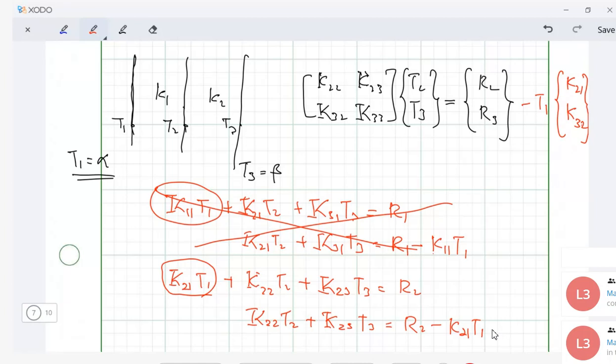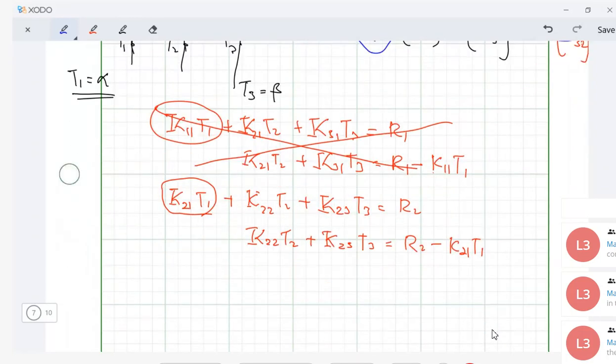Now if we consider this equation, then this bottom one will not be used. And this column is also not going to be used, but we need to put it on the other side.